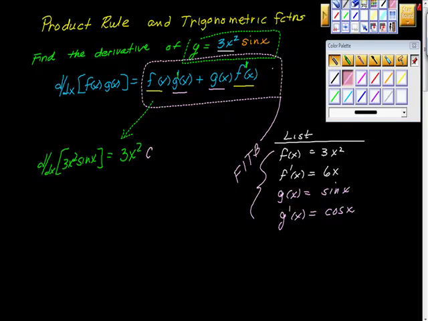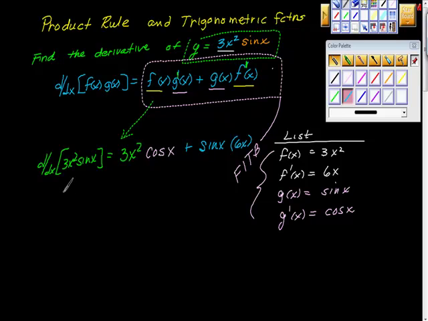So times cosine x, and I'm taking these pieces right from here. This plus sign right here is this plus sign right here. And g of x is sine x, so sine x, and f prime at x was 6x. I think that makes sense, doesn't it?